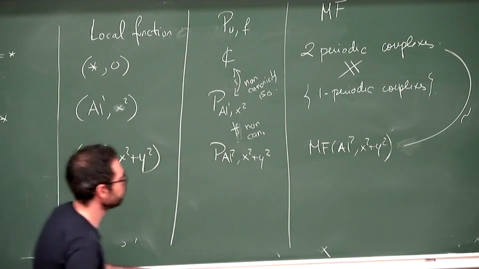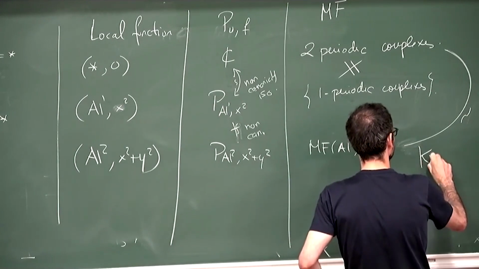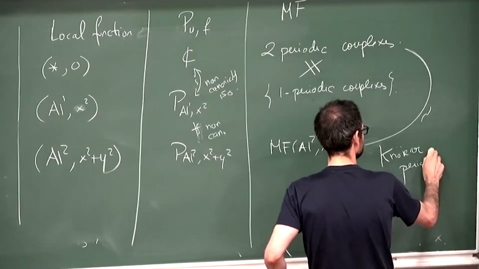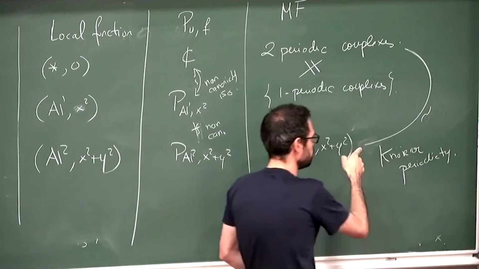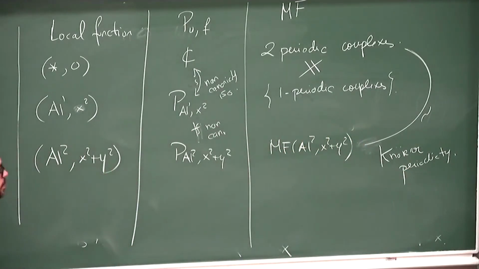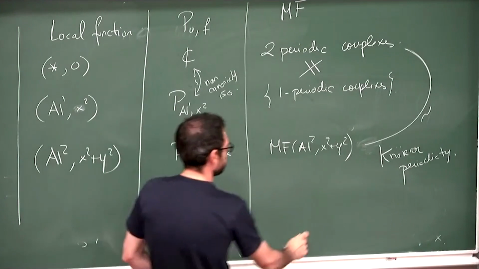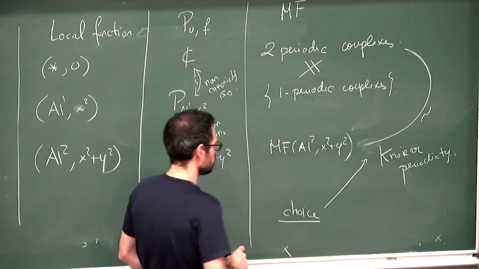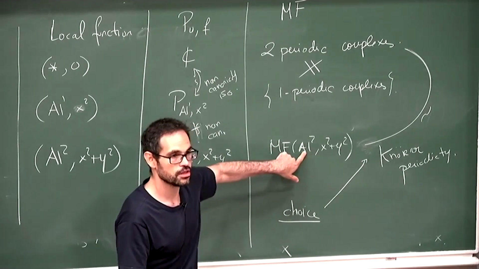So this is known as Knörrer periodicity. But this requires a choice. And the choice is the choice of a Lagrangian inside this guy.